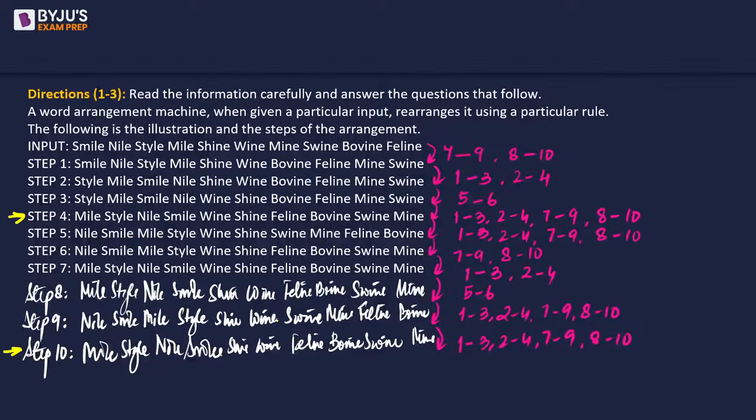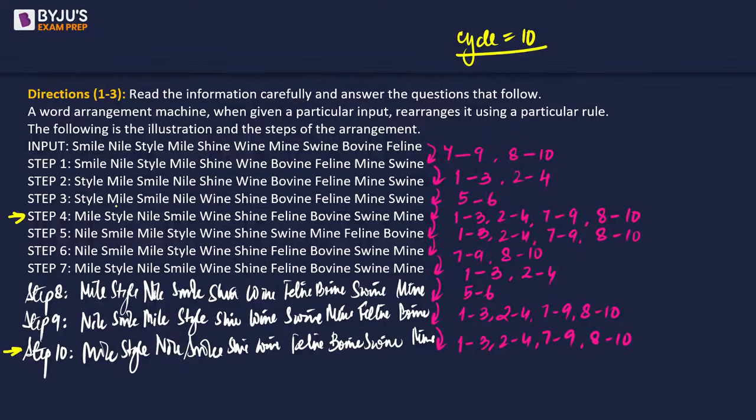The middle two have interchanged. So that is the change that we are seeing here. Okay? So what we find is that after 10 steps it goes back to the first step. So this has a cycle of 10.